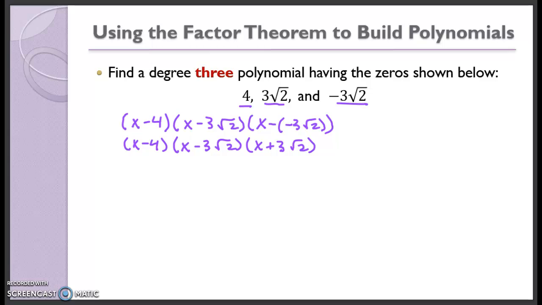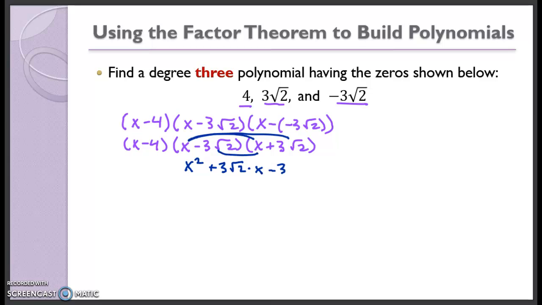Okay, and what we're going to do is multiply the last two together first, because we're going to have some subtraction going on. So let's multiply x times x and get x squared. x times 3 square root 2, so plus 3 square root 2x.